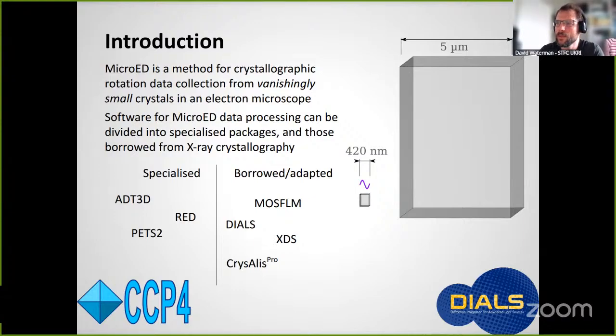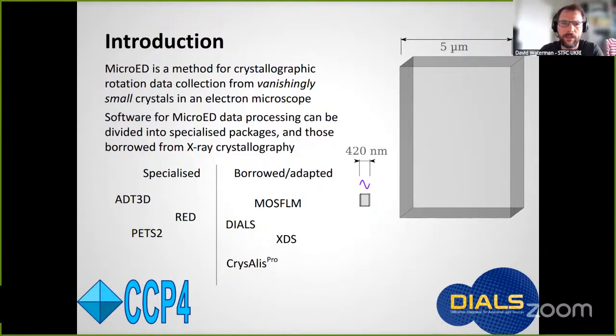What has enabled this is that there's been a convergence of the methods in recent years, from various tilt-based or discrete-tilt or precession-based electron diffraction methods towards a more standard continuous rotation, random orientation method, which is exactly what we do at X-ray beamlines.